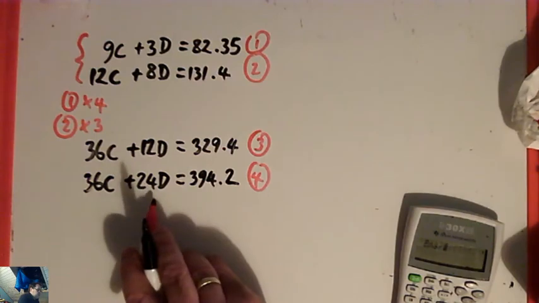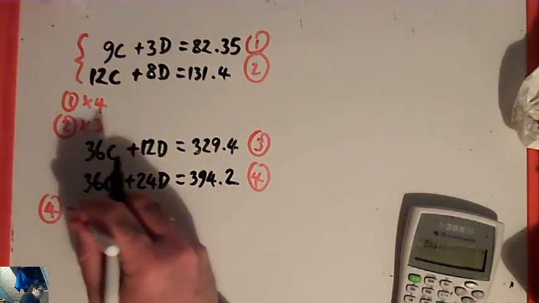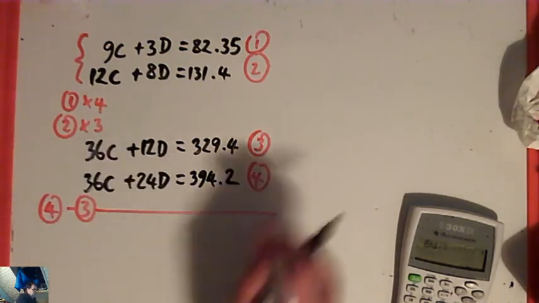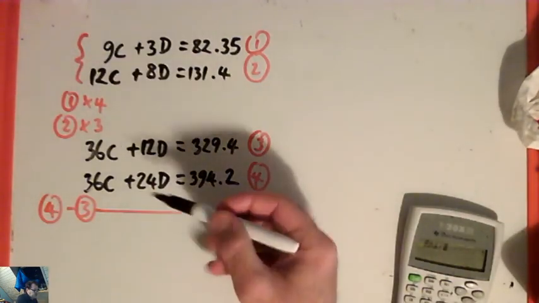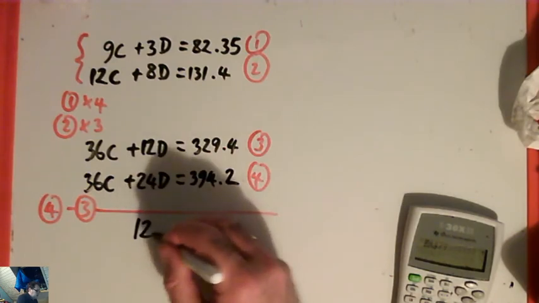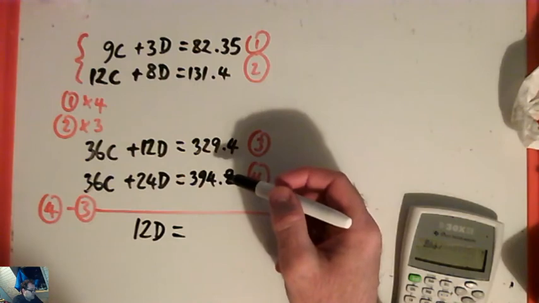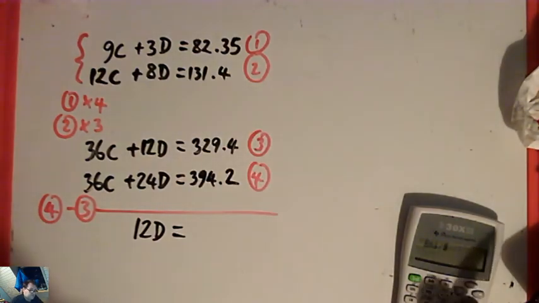I notice I've got more d at the bottom than on the top. So I'm going to do equation 4, take away equation 3. 36c minus 36c disappears. 24d, take away 12d, leaves me with 12d. And 394.2, take away 329.4.